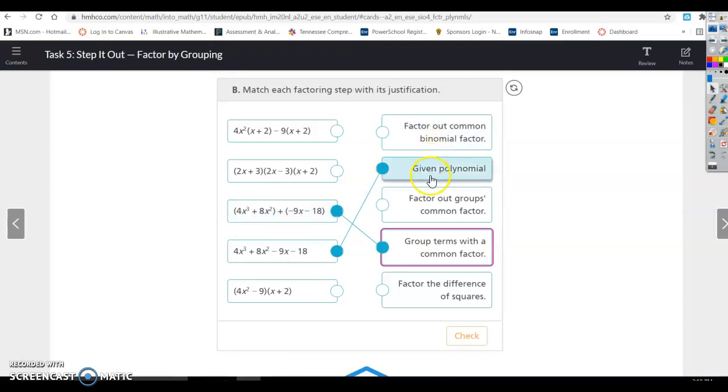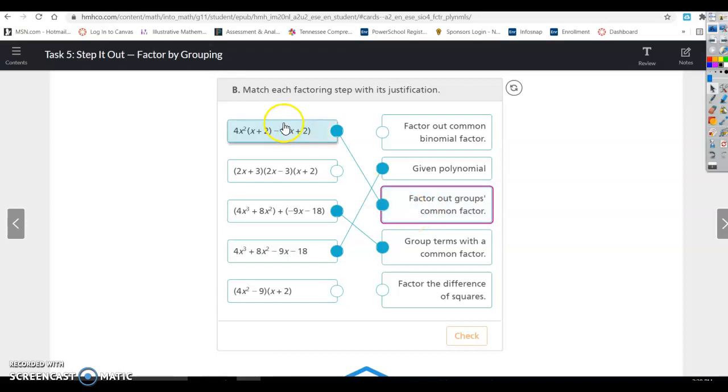So that would be factor out group's common factor. Okay, really would have liked that to say binomial instead, but I think that's the right one.